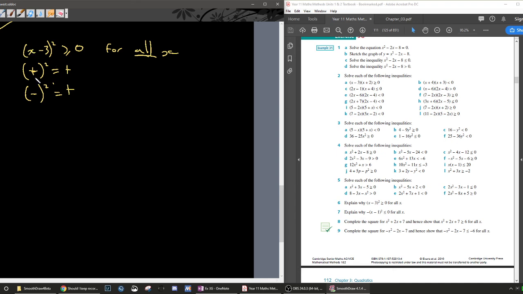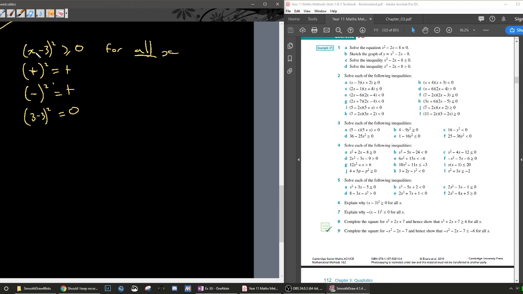If we put a 3 in there, 3 minus 3 all squared is going to be equal to 0. So it doesn't matter what x we choose, if this ends up positive, squaring gives positive. If this whole thing becomes negative, squared it's going to become positive.